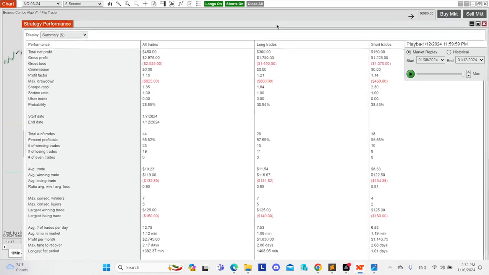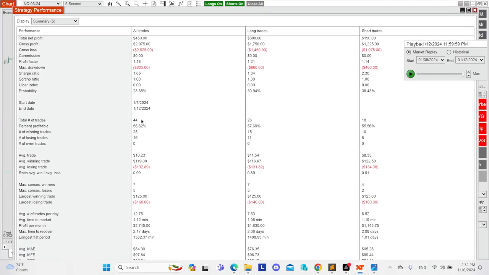Now this one was 44, and there was almost 57%, and it was a 450. It was the least performing, obviously, but I think this could still be improved, and I already have some ideas how to improve that.